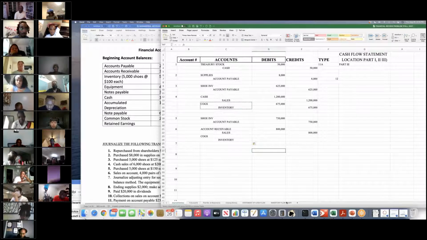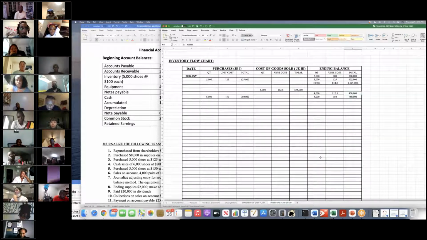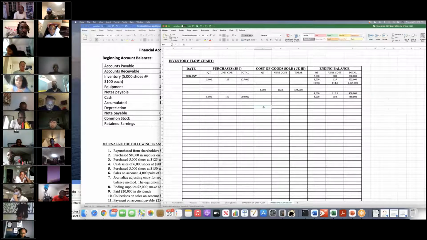So we're gonna go to the inventory chart. And we know we got a sale here of 4,000 units. We got to get those costed out. So we're going to add up our quantities again. And that's what? 9,000. We're going to add up our dollars again. How much is this? 1,200,000.